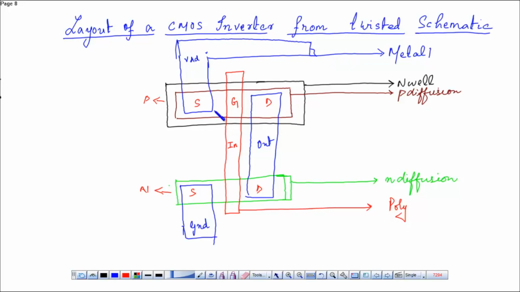This is metal. Similarly, extend this ground. Okay, if you want to place the contacts, first you have to place a contact over here so that this metal gets connected with this P diffusion. So there will be a contact over here.